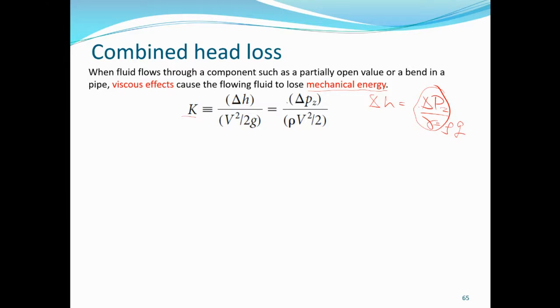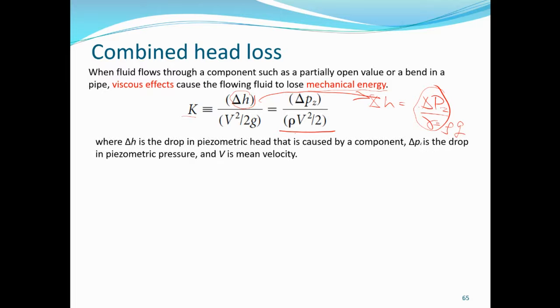So when we substitute delta H here, we have delta P over the kinetic pressure, due to the kinetic energy, where delta H is the drop in piezometric head caused by a component, delta P_z is the drop in piezometric pressure, and V is the mean velocity.